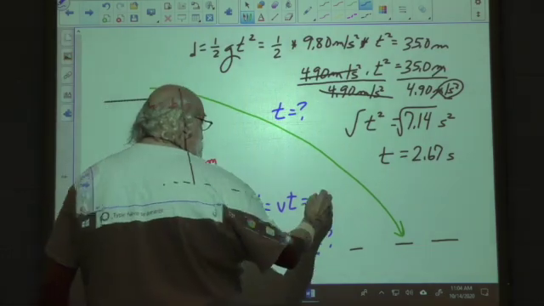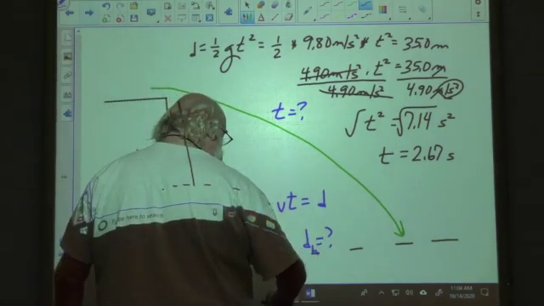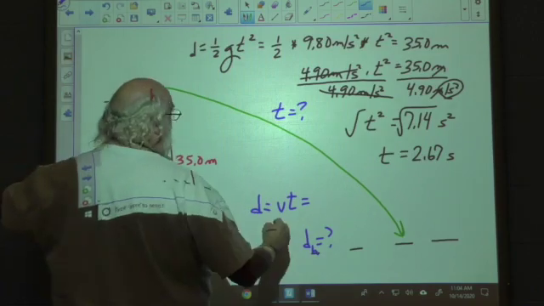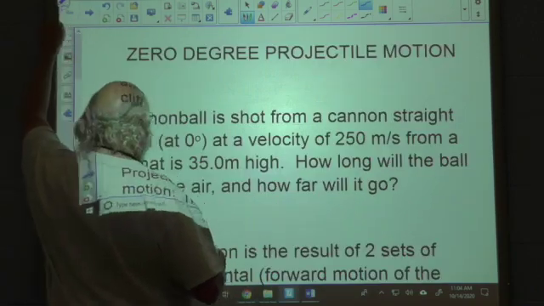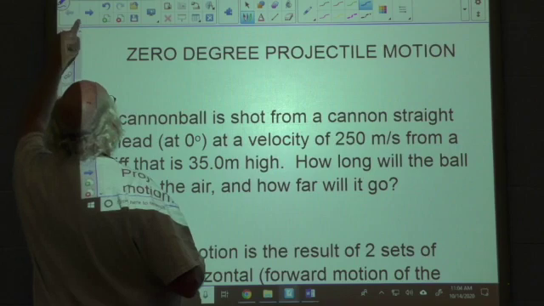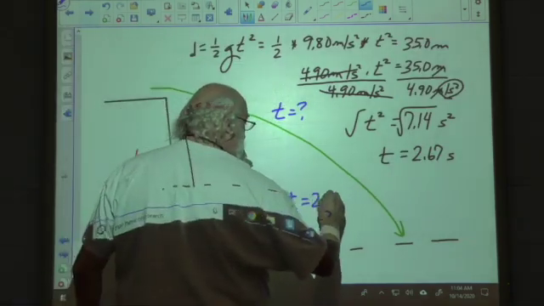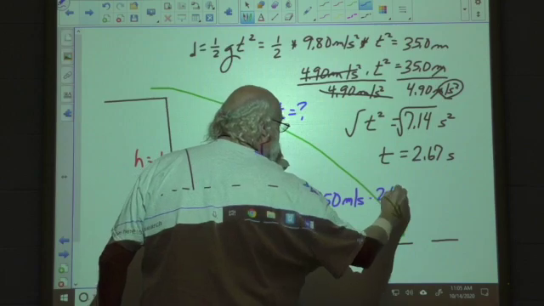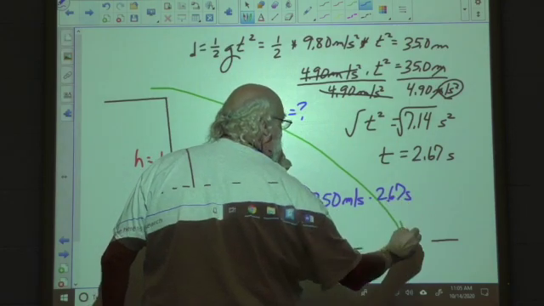The d then equals the velocity, which we said was, I believe, 250 meters per second, right? Yeah, 250 meters per second times 2.67 seconds.